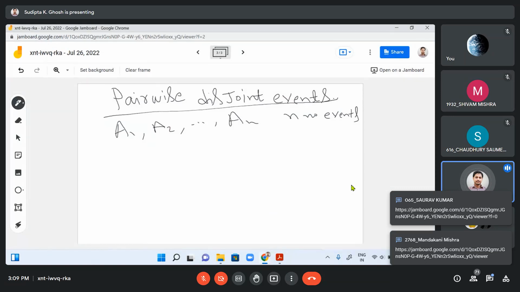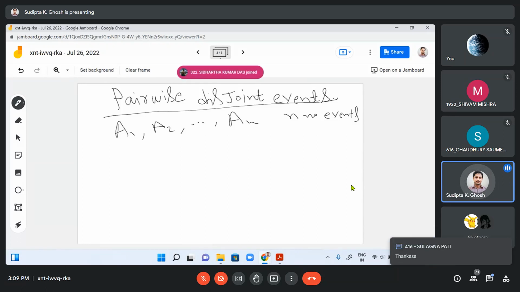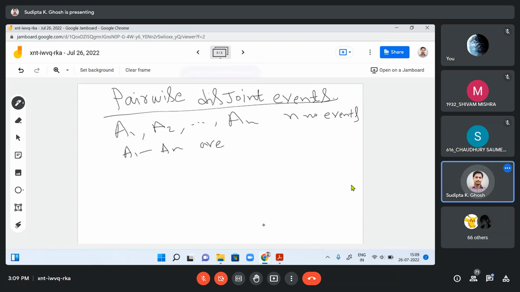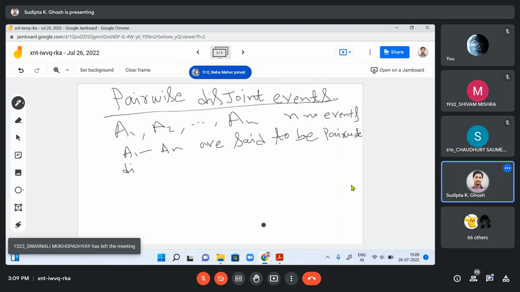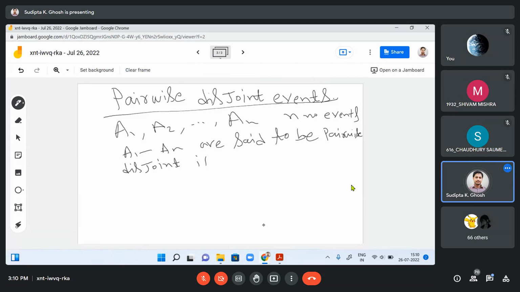A1, A2, An. Suppose n number of events you have. Then the events A1 to An are said to be pairwise disjoint if Ai intersection Aj is equal to phi, such that i, j belong to 1 up to n and i is not equal to j.